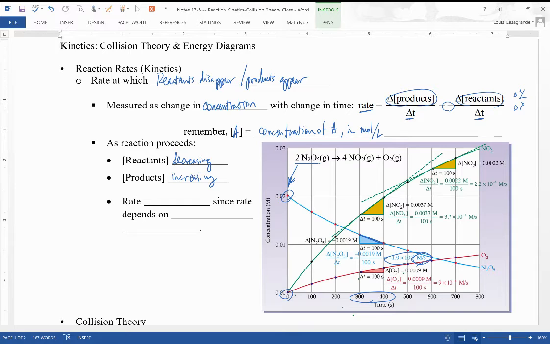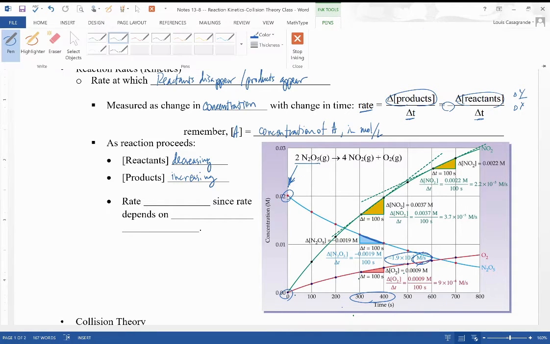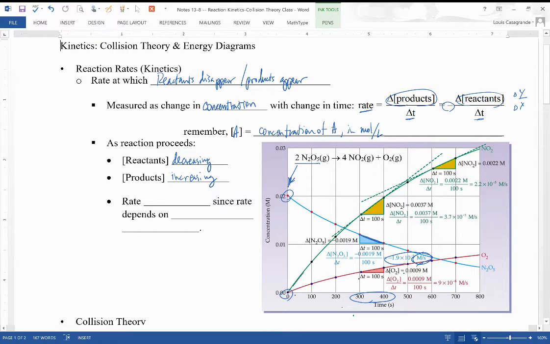Now, you can see that as the concentration of the reactants goes down, the concentration of the products is coming up, and so the green line here represents the concentration of the NO2. And because of stoichiometry, we're going to make 4 NO2s for every 2 N2O5s that we use up. And so we should get a rate for the NO2 which is twice the rate of the N2O5.